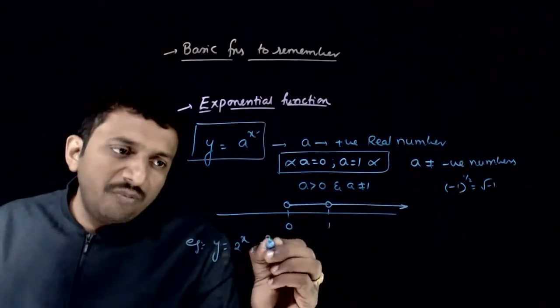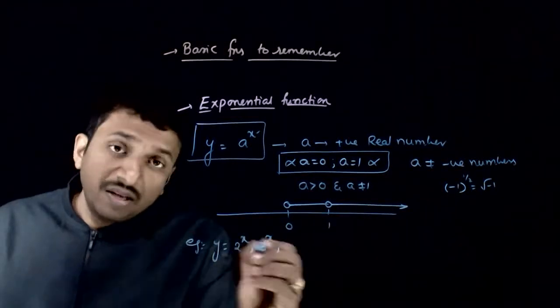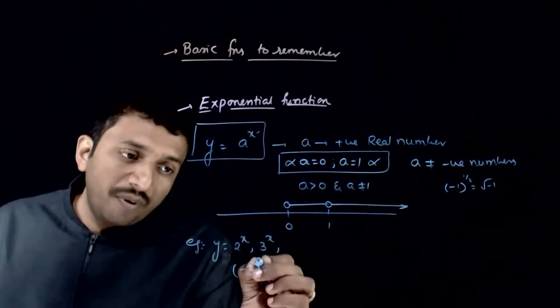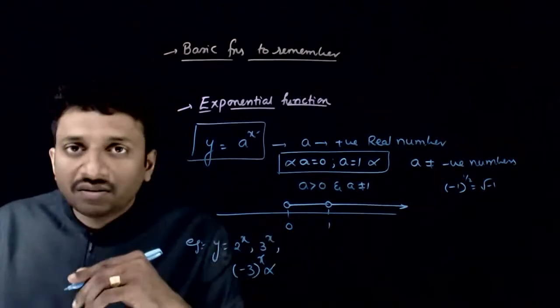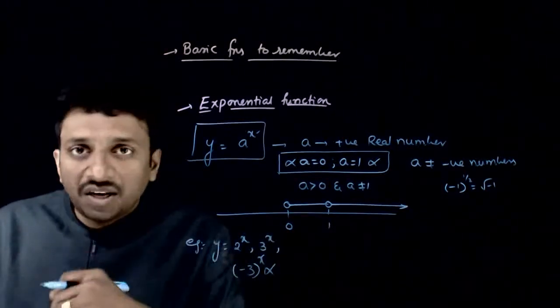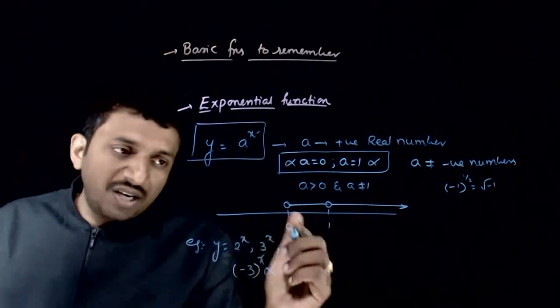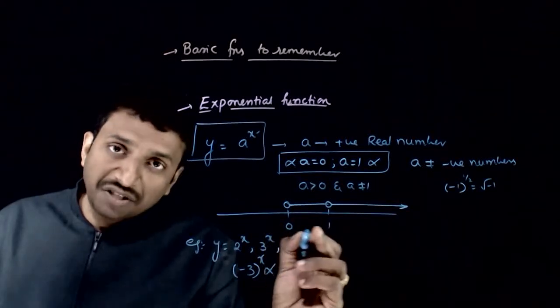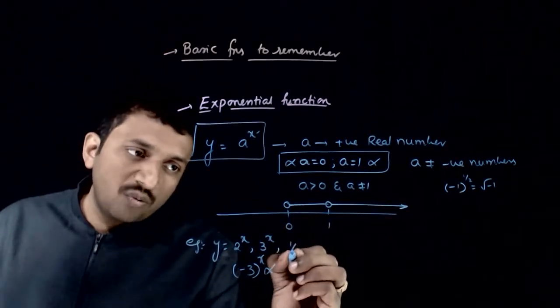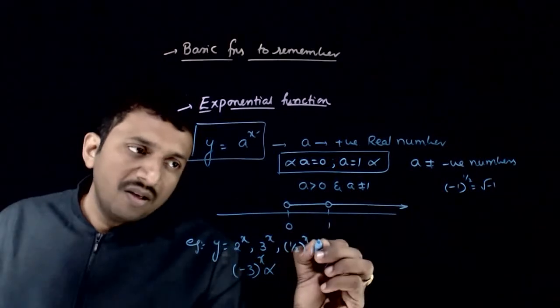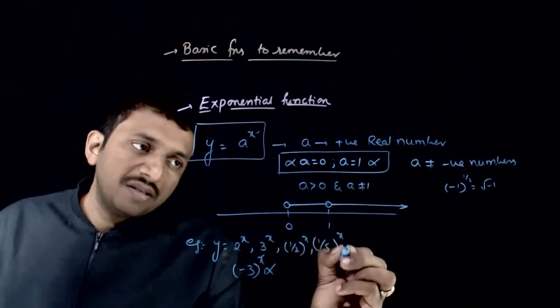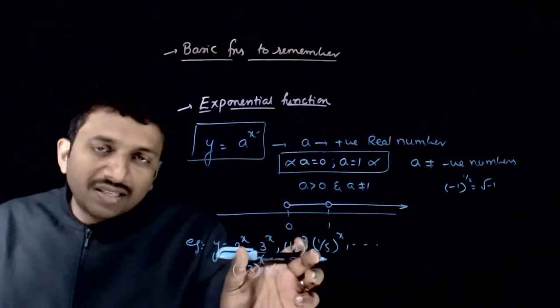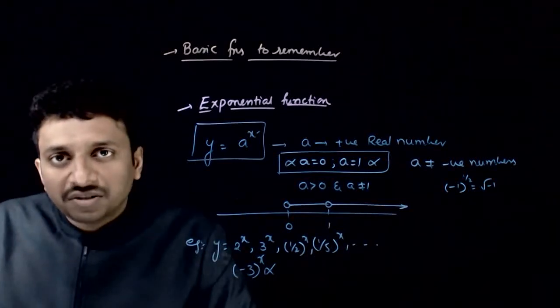Y is equal to 3 power x is an exponential function. So y is equal to minus 3 whole power x is not an exponential function. This is not a function in real numbers. So 2 power x, 3 power x, or you can also have fractions between 0 to 1, that is 1 by 2 whole power x, 1 by 5 whole power x, and so on. So all these are examples of exponential functions.